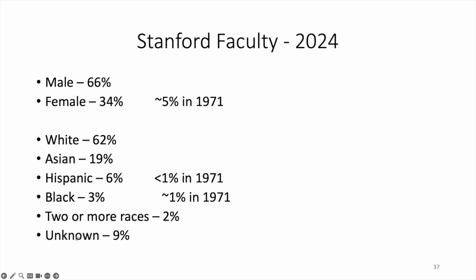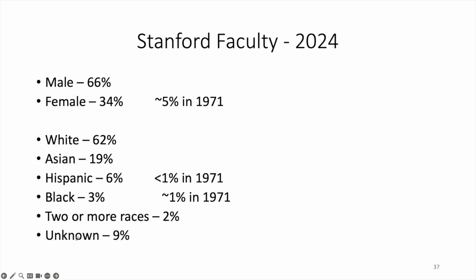Now 16% of the engineering faculty are women, well known in their field, and a third of the graduate PhD students are women. It's a remarkable change within engineering, and the other departments have had similar things. When you look at the makeup of the faculty, it's now 62% white, 19% Asian.